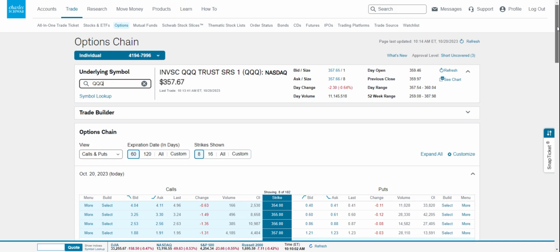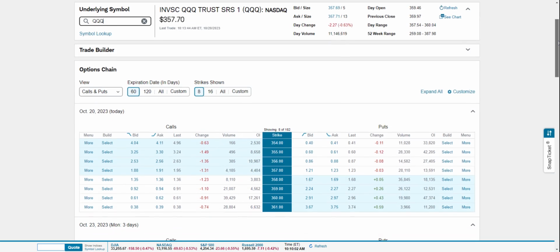What is an options chain? Here's what it looks like. This is on Invesco QQQ, which is a NASDAQ ETF. As a reminder, an ETF is an exchange traded fund. It's basically like a stock, but this particular stock follows the direction of the NASDAQ index.